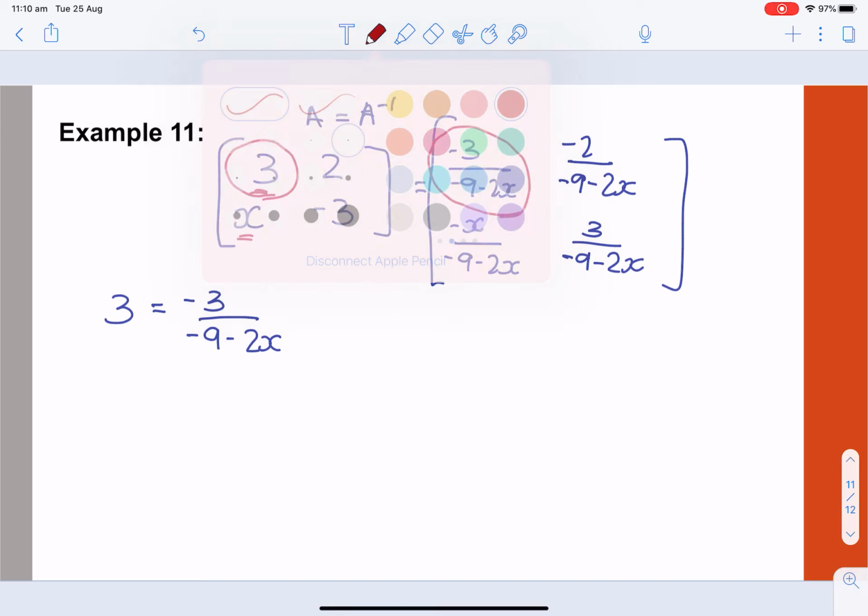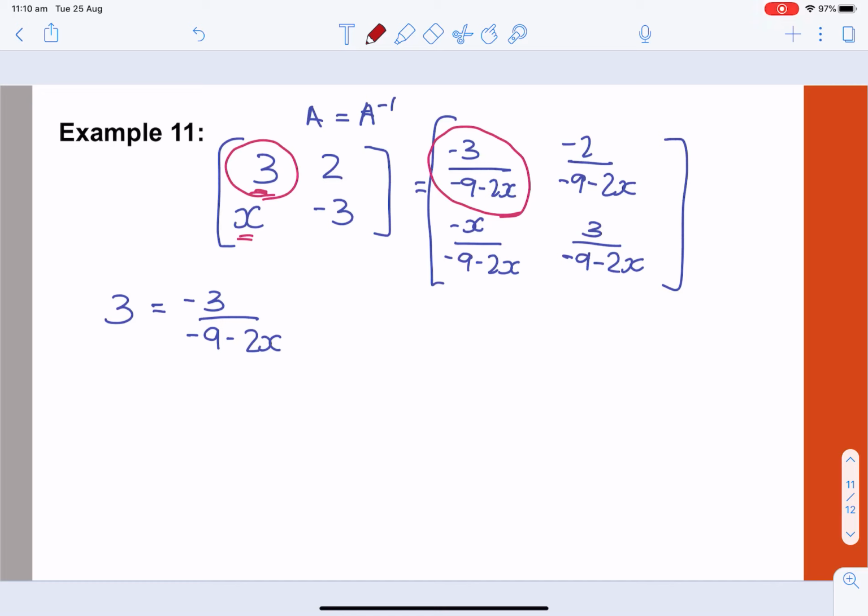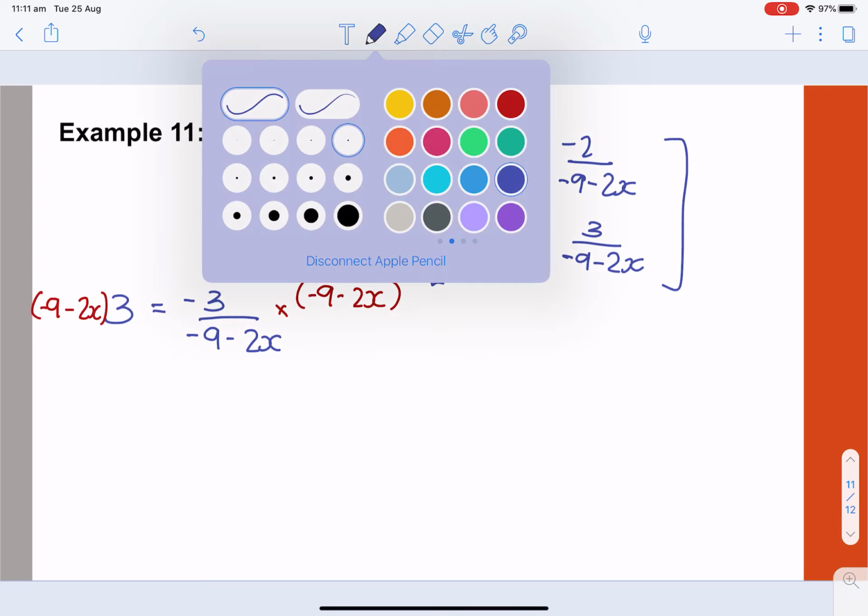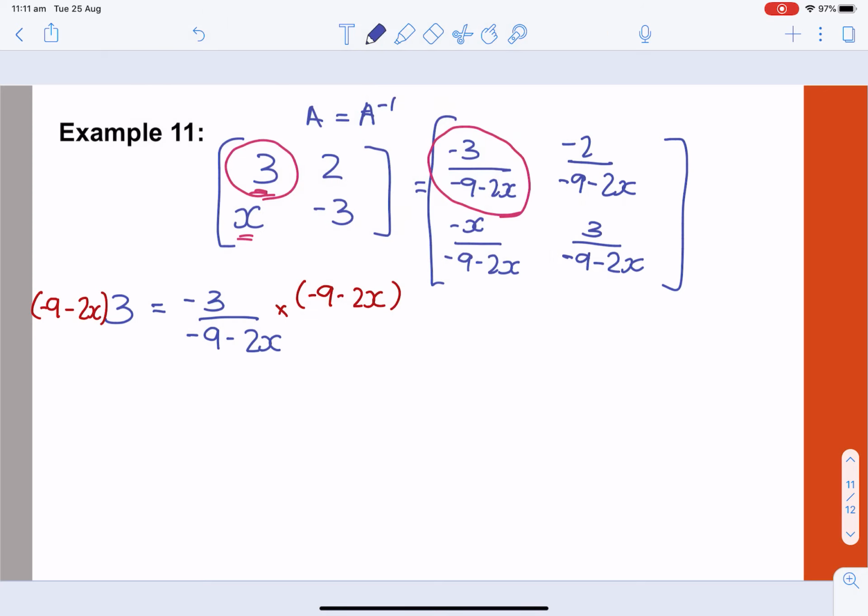So I times both sides by negative 9 minus 2x. Negative 9 minus 2x gives us 3 times that, so negative 27 minus 6x is equal to minus 3.